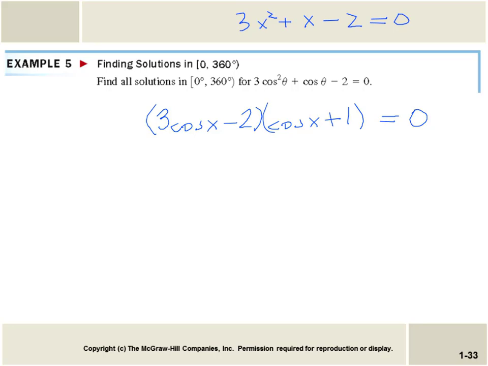Yeah, so that'll give you what cosine x equals, but try to factor first. So anyway, now we know that cosine of x is equal to 2/3, or cosine of x equals -1, right?